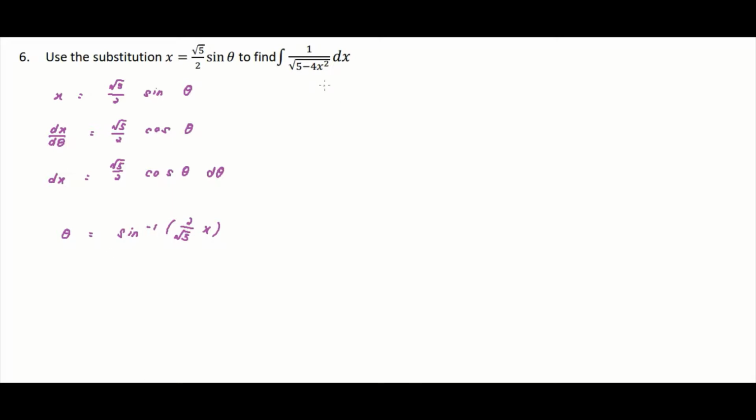Okay, so substitution: 1 over square root 5 minus 4x squared with respect to x. So let us try to substitute 1 over square root 5 minus 4, your x is square root 5 over 2 sine theta. Alright, then after that dx, what is your dx? dx is square root 5 over 2 cos theta d theta.